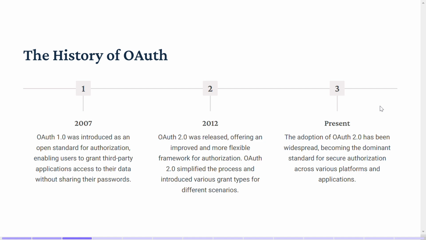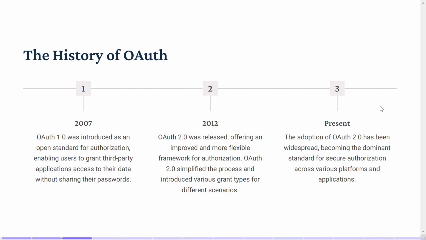In OAuth 1.0 security there are some limitations and issues which developers usually face. To overcome those issues and limitations, OAuth 2.0 was released in the year 2012, and OAuth 2.0 offers improvement and is more flexible when compared to other frameworks.